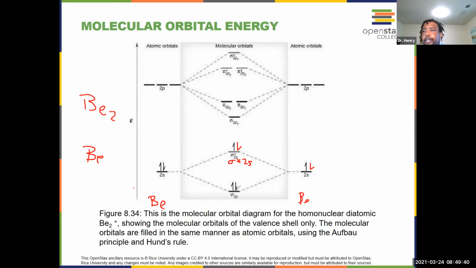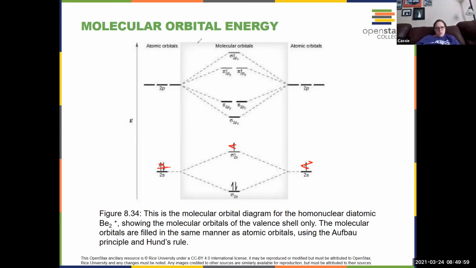Okay, in this case, let's start with hydrogen, to be clear. Hydrogen has how many electrons? One. So hydrogen has one valence electron.